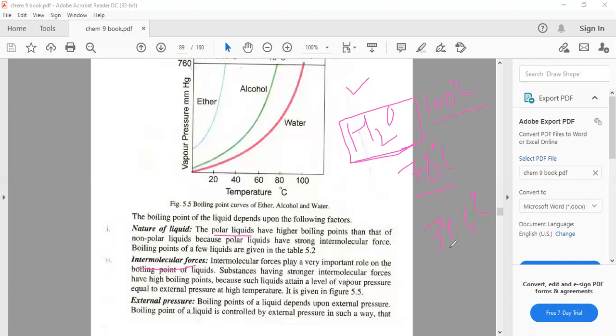If you go to places that are not at sea level, that are at height, on those places the boiling point of liquid water becomes lower than 100 degrees Celsius because of the change in external pressure. If you change the external pressure, the boiling point will change.